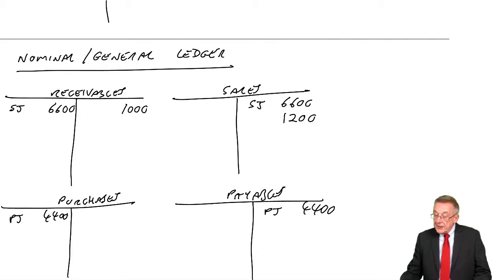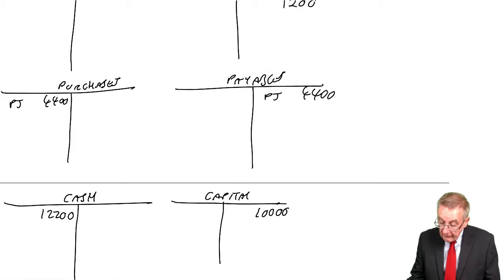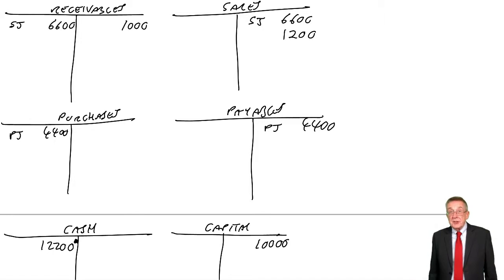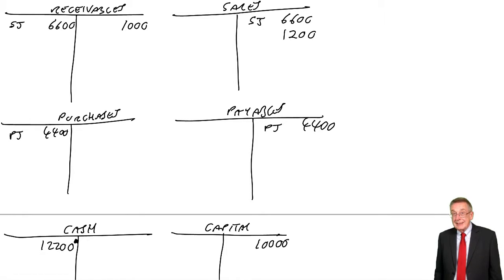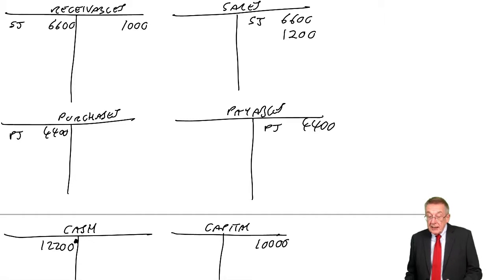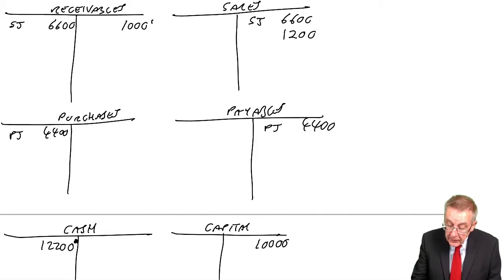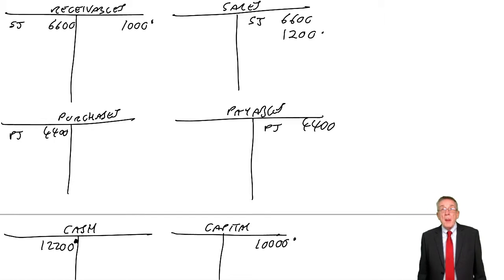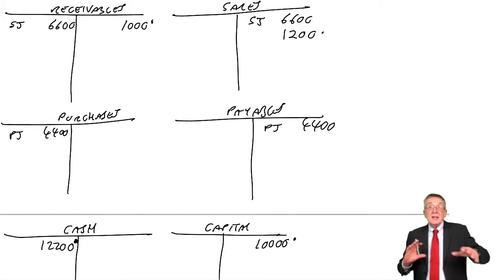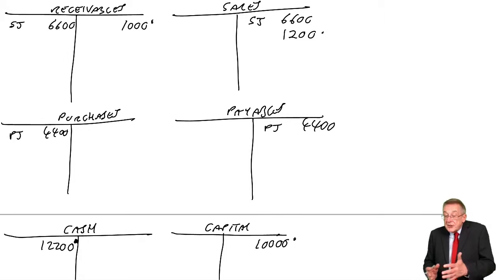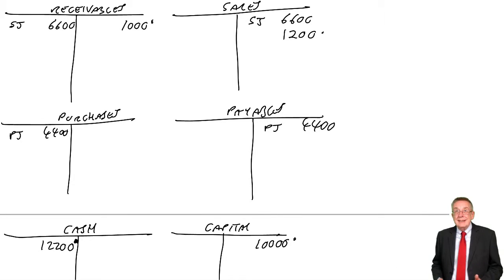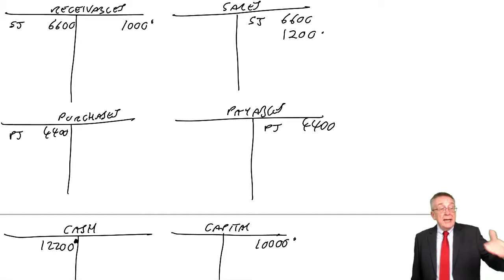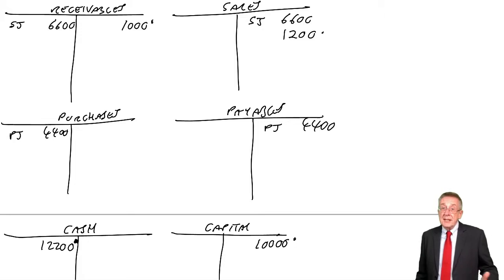So it's the first time you've seen this, but if you think about it, the way we've done it, we have one big debit of 12,200 to cash. For the double entry, there are three little credits: 1,000 to receivables, 1,200 to sales, 10,000 to capital. So in total, the debits equal the credits. But again, it's so much more efficient just to do the total at the end of the month than to do each individual receipt as it happens.